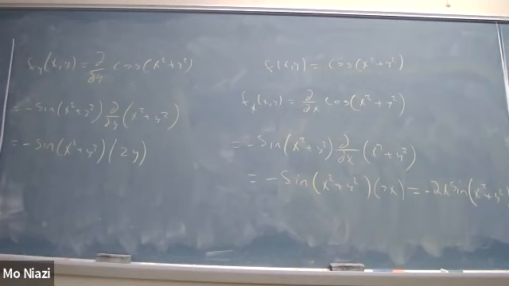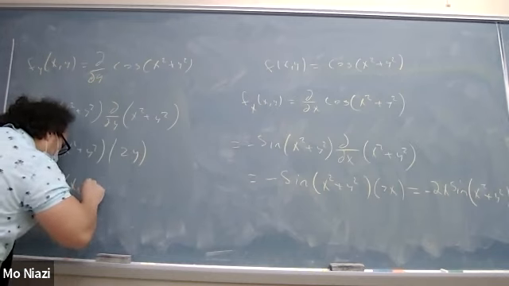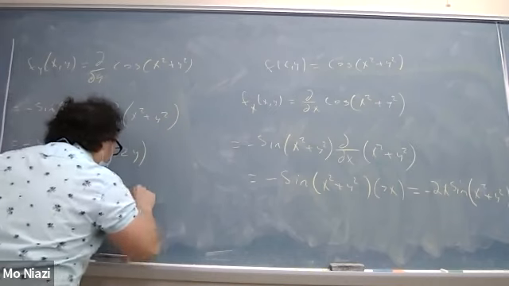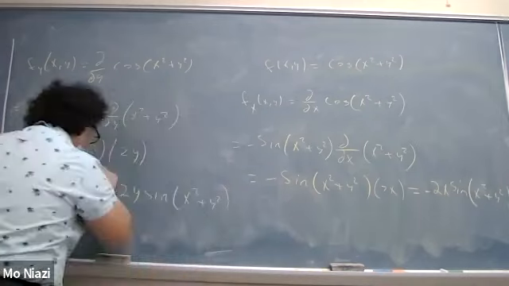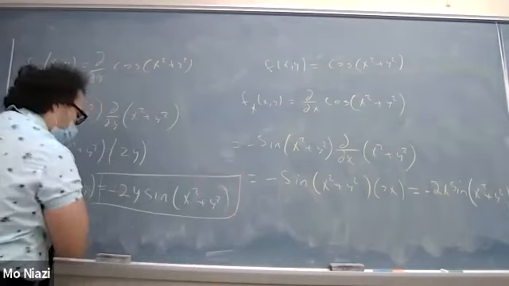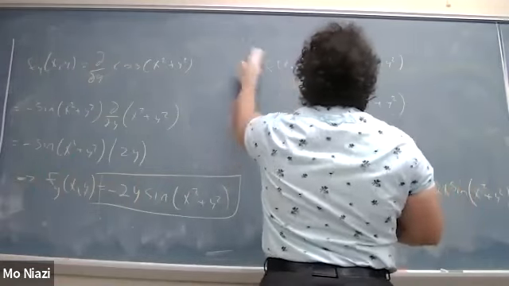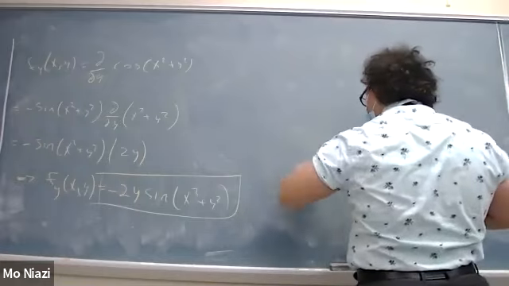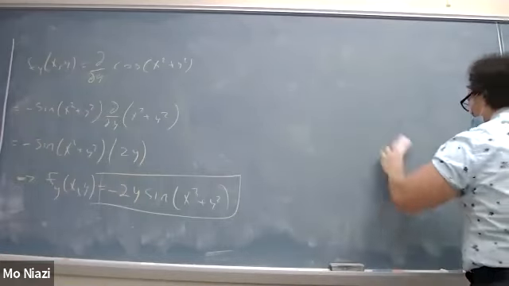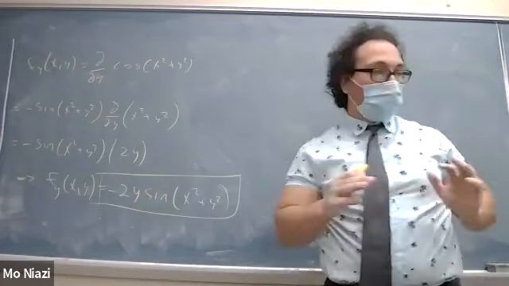And y squared, once it takes the derivative of that, becomes 2y. Okay, now you know how to take partial derivatives. Quotient rule, chain rule, product rule, that all applies to partial derivatives.